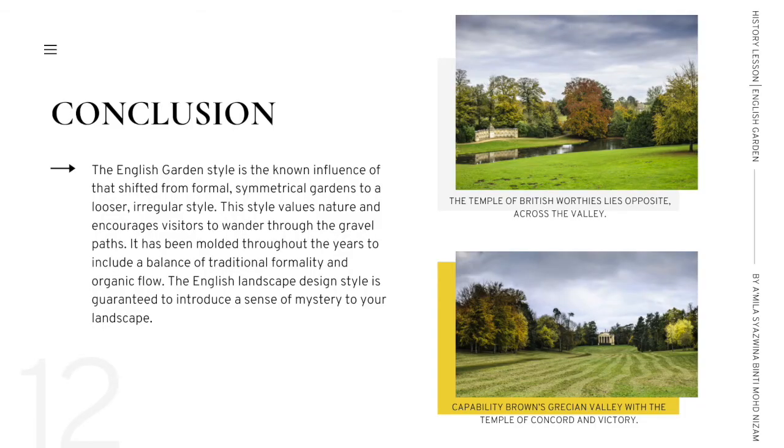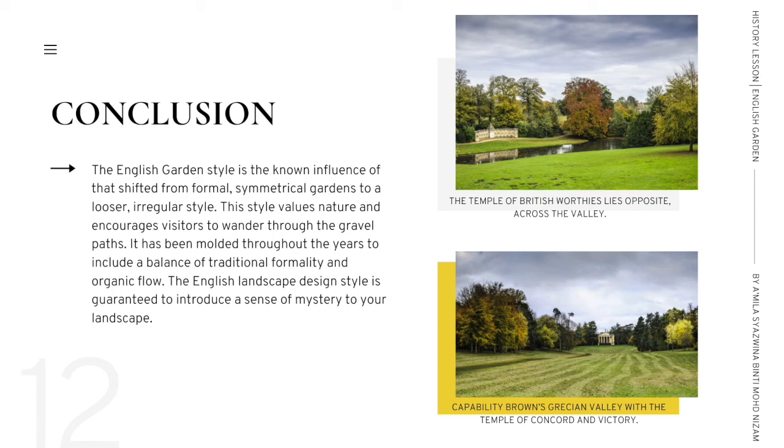In conclusion, the English garden style is influenced by the shift from formal and symmetrical gardens to a looser and irregular style. This style values nature more, and it encourages visitors to wander along the gravel path, not only a rigid path.